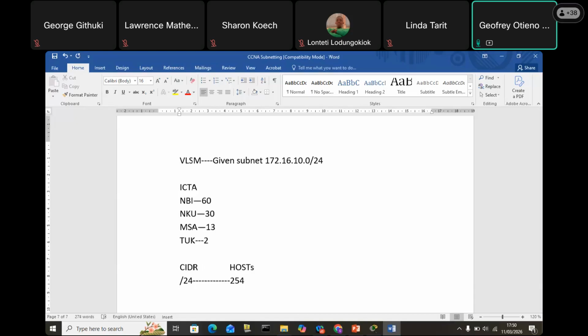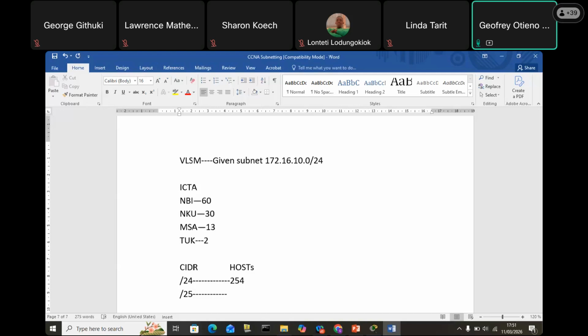When you move to the next prefix, 25, that's a bit borrowed. You remember what we talked about yesterday? That's a bit borrowed, okay? It's just a matter of subtracting 25 minus 24, which is 1. So you know how you're supposed to write that 1 in binary.